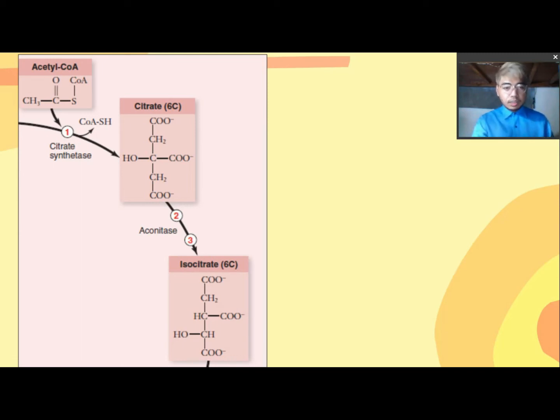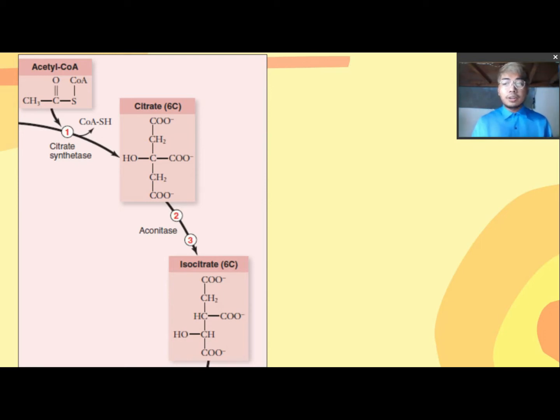Now, the second and the third step are accomplished by the enzyme known as aconitase. The enzyme aconitase is responsible for the process known as isomerization, in which it rearranges the citrate to create a new substance known as isocitrate. From the name itself, isocitrate is an isomer of citrate.